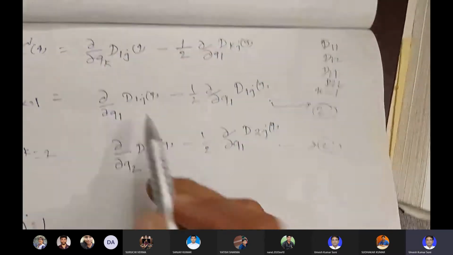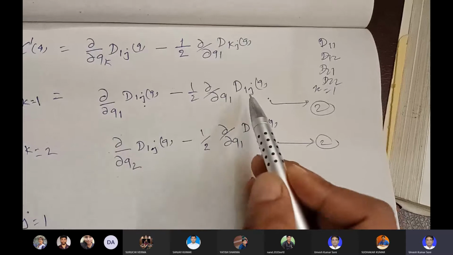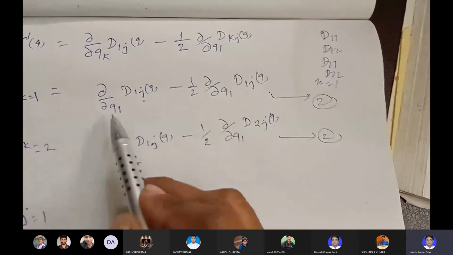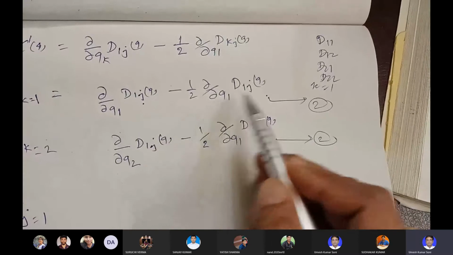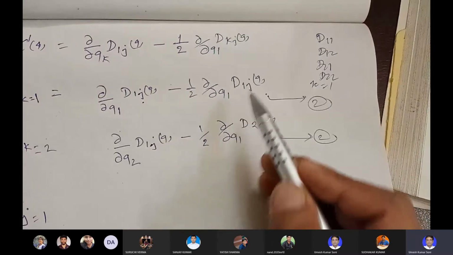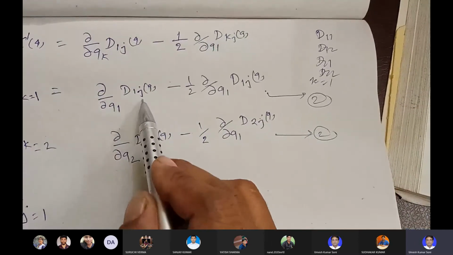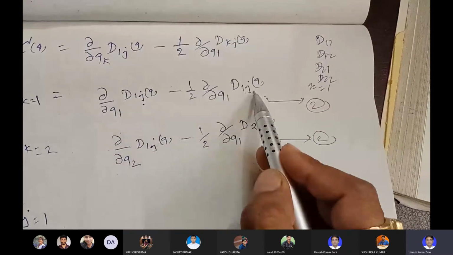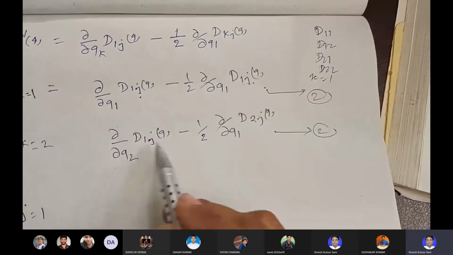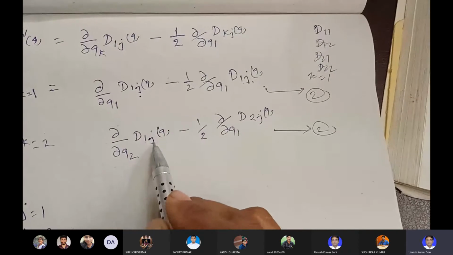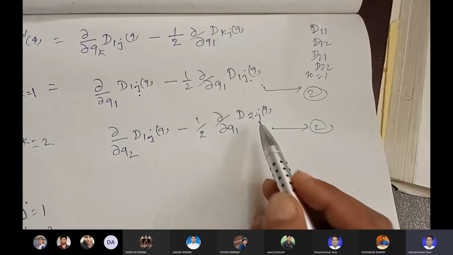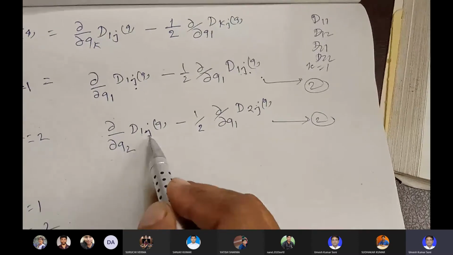When you keep here j equal to 1, then you will get d11 and here q1 d11 you will get, and then you keep j equal to 2, you will here get d12. Okay, now this is del q2 and here d11 and here d21. Second time you keep here j equal to 2, then d12 and d22.